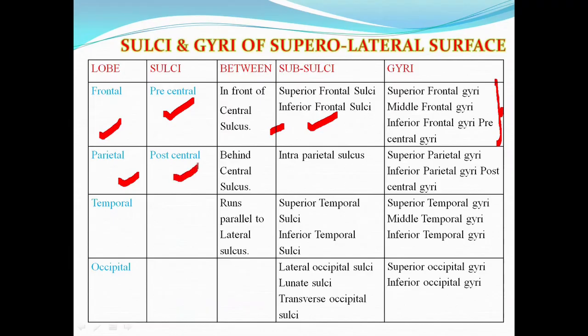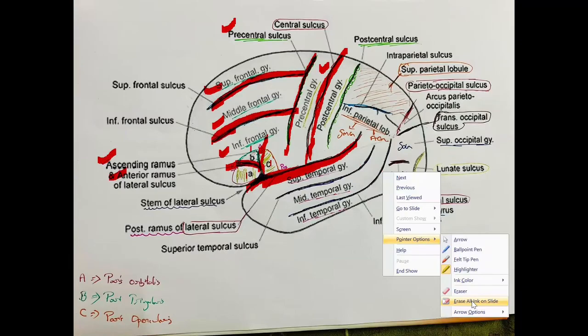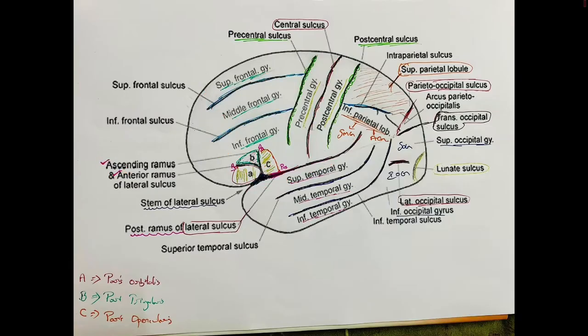You have the postcentral sulcus, and from that I get my intraparietal sulcus. Thereby we differentiate the superior parietal and inferior parietal lobules. Try to see the central sulcus again.